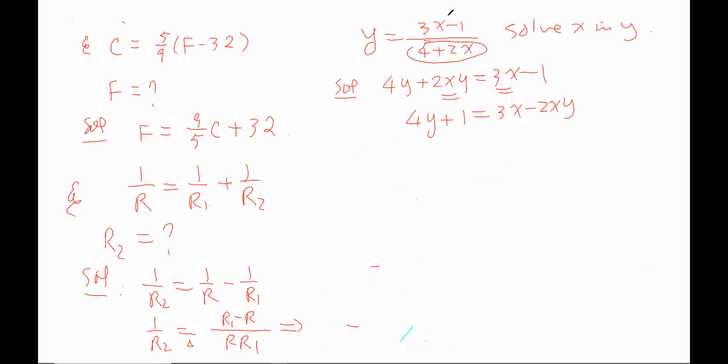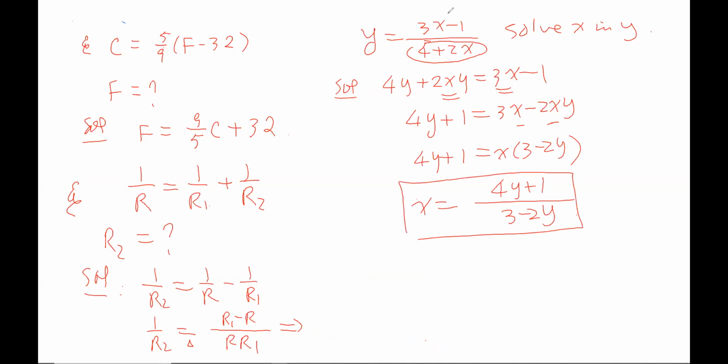So we factor the x out from these two terms, right? And you can see x equals 4y plus 1 over 3 minus 2y. You agree? Yes. And that's how we solve it. That doesn't seem to be difficult. You agree?